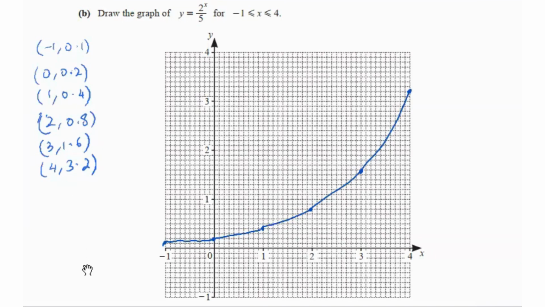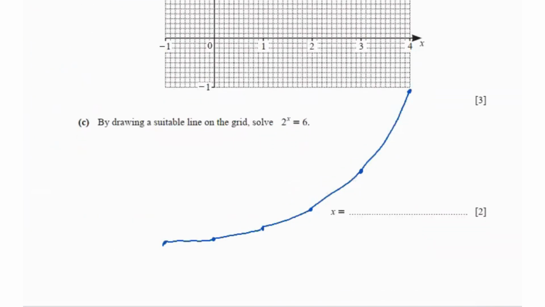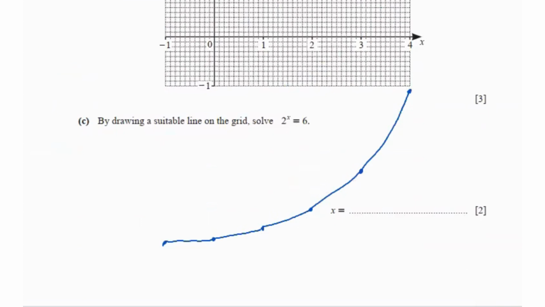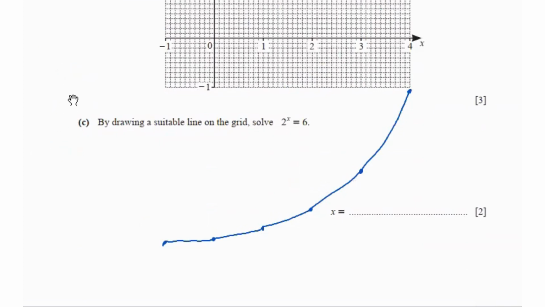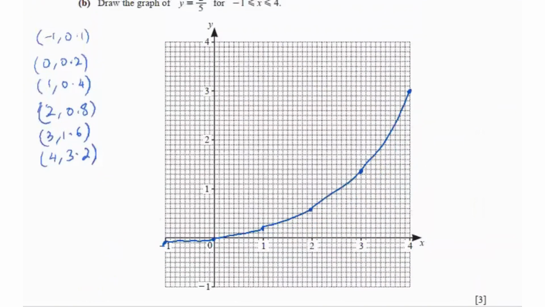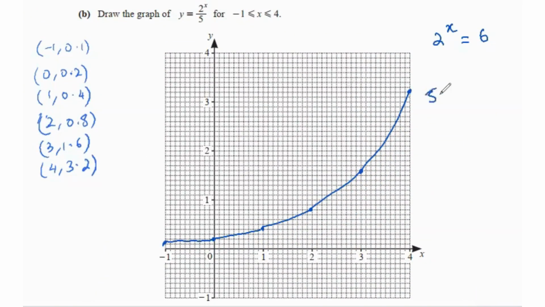Then the question says, by drawing a suitable line on the grid, solve 2 to the power of x equals 6. 5y equals 2 to the power of x. So 5y equals 6. y has to be equal to 6 over 5.